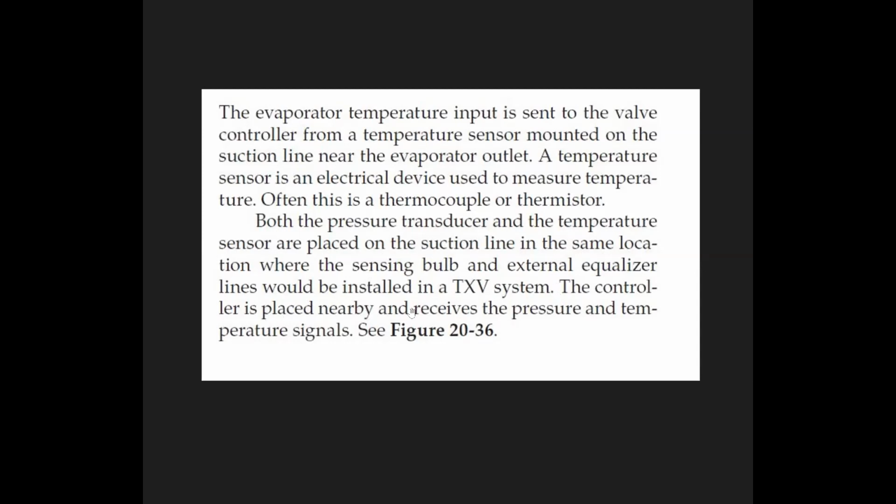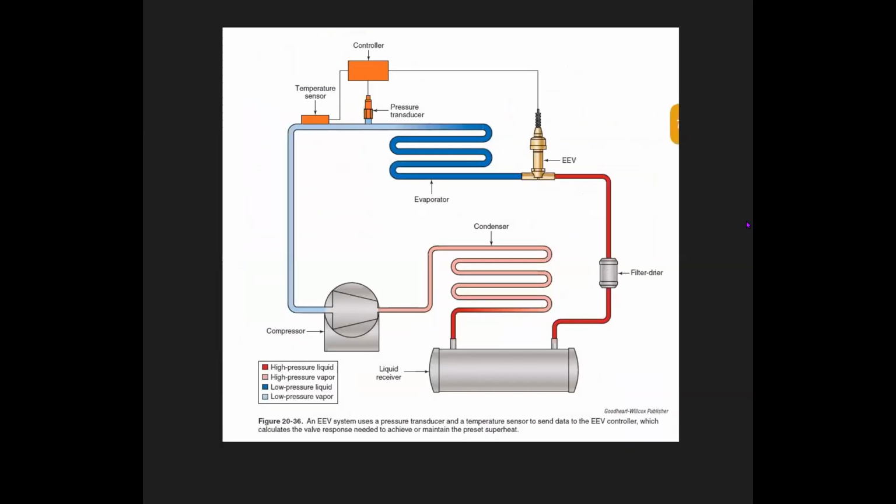The controller is placed nearby and receives the pressure and temperature signals as you see here. तो अभी ये इलेक्ट्रॉनिक वाल्व है. ये प्रेशर ट्रांसड्यूसर at the outlet, यहाँ पे आप अपना इक्वलाइजिंग कनेक्शन लगाते थे, और टेम्परेचर सेंसर outlet को मेजर करता है. तो प्रेशर दे रहा है directly and it is also measuring the temperature. ठीक है. That is the idea.